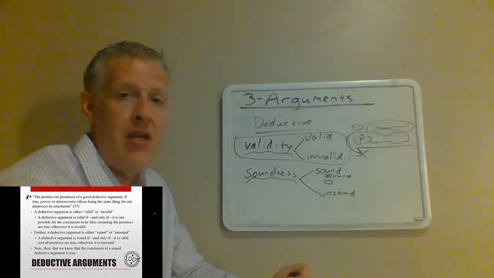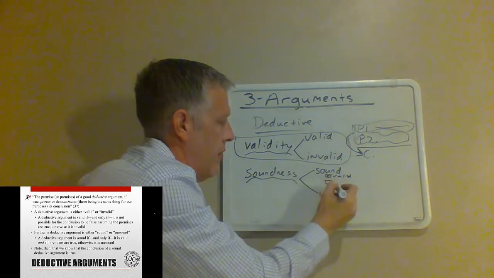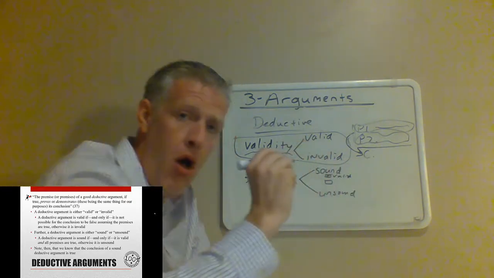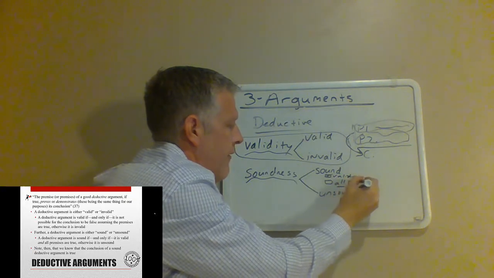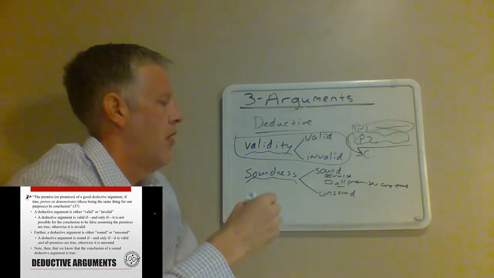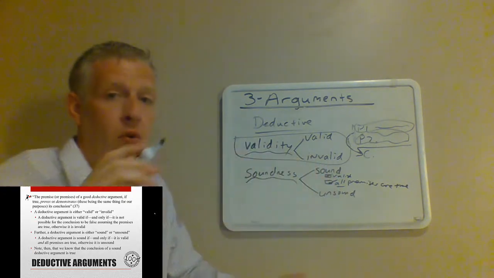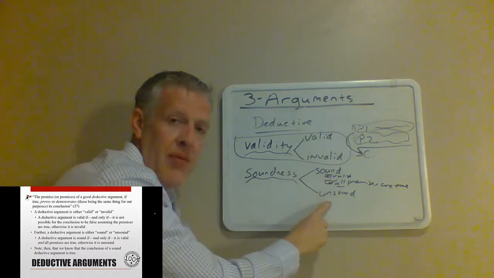Then this is where we actually are interested in the truth of the premises. Are all premises true? All premises are true. All it takes is for one of the premises to be false, and that would render the entire argument unsound.